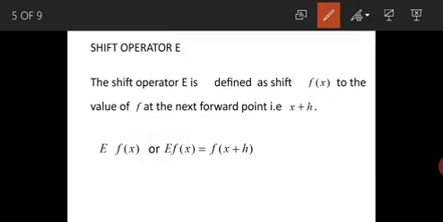Next, we can write the higher order of this. How can we write it? We will see that.